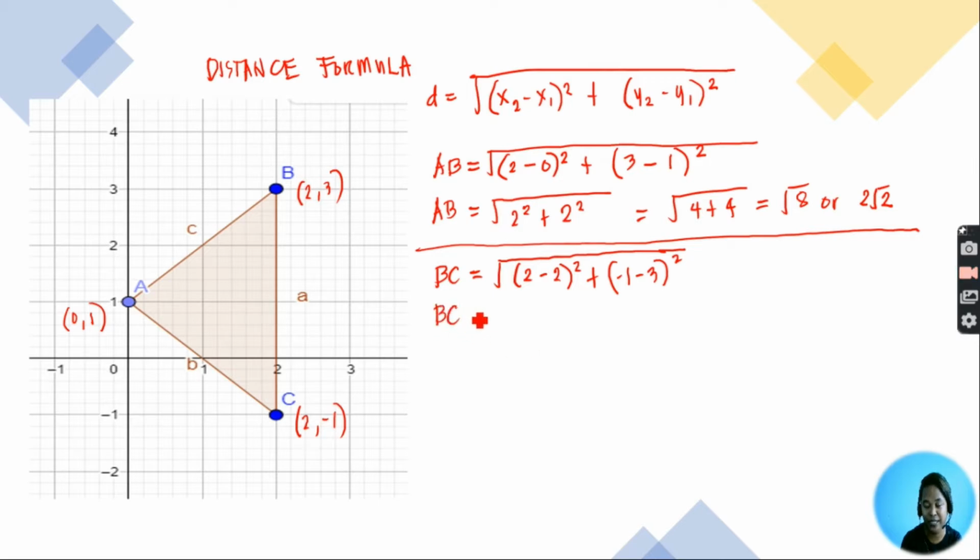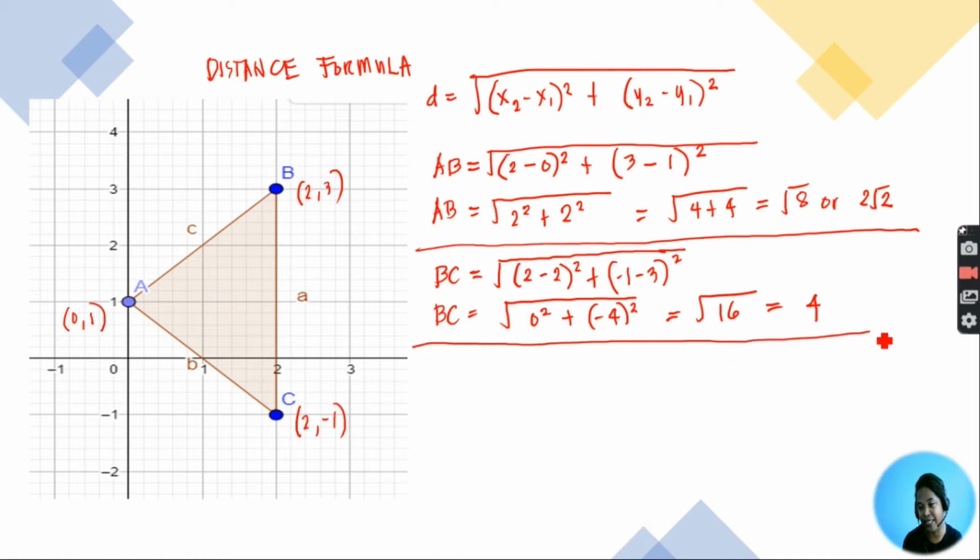So BC is equal to 0 squared plus -4 squared, which is equal to 16. The square root of 16 is 4. So the distance from point B to C is positive 4.